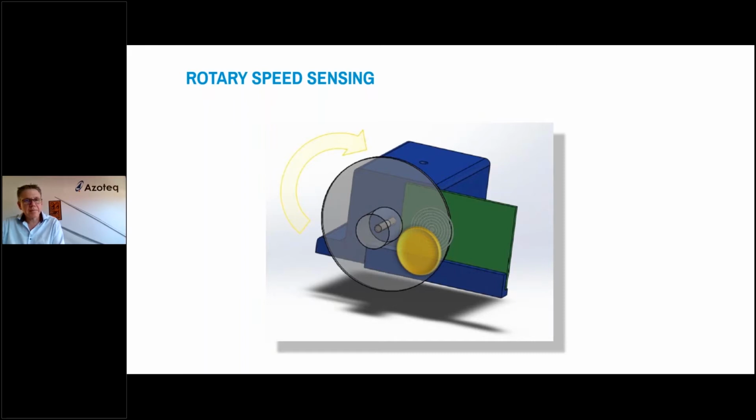It can be applied afterwards or retrofitted if you have a moving metal part inside the pipe or whatever the rotating mechanism is. We need to get an inductive sensing coil in close vicinity to that rotating part, and then it's very easy for us, by counting the pulses, to derive the speed of the rotating part.